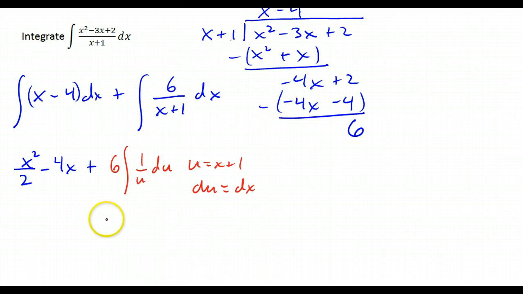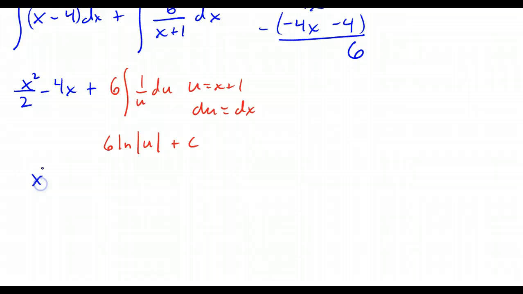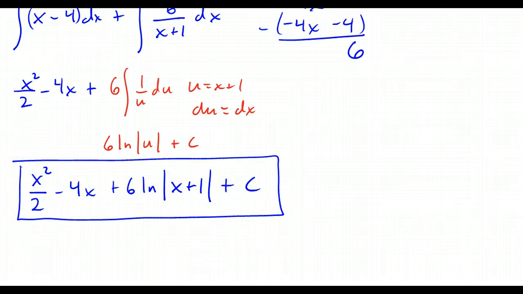And that antiderivative is 6 natural log of u plus c. Okay, so now we put everything back in terms of x. I have x squared over 2 minus 4x plus 6 times the natural log of the absolute value of x plus 1 plus c. And that's our answer.